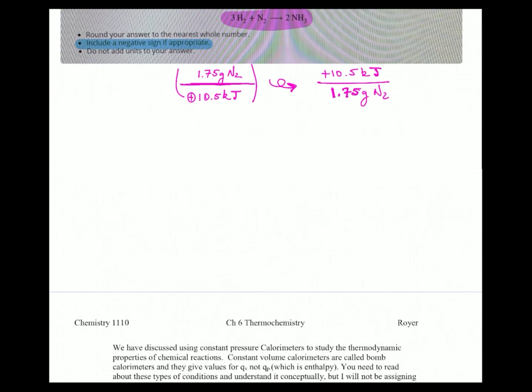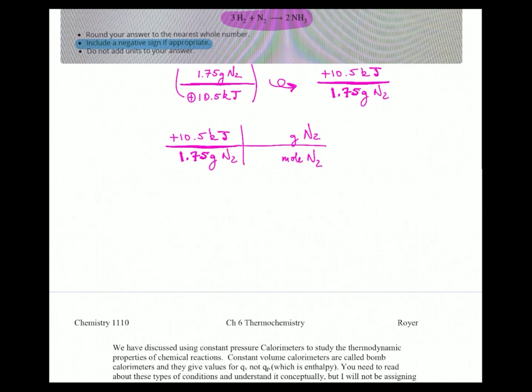So this problem is really nothing more than a gram to mole conversion. So you're going to take that relationship and then you're going to change from grams of N2. Notice I put it on the top because I need it to cancel, because I need moles of N2 on the bottom. So this is kind of weird, kind of different, but now that you've done mole math long enough, I hope this isn't just making you nuts.